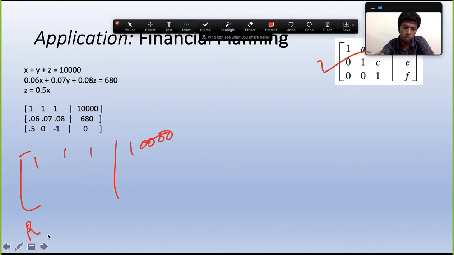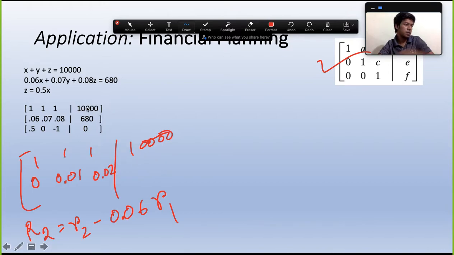So row 2 equals row 2 minus 0.06 of row 1. So 0.06 minus 0.06 equals 0. 0.07 minus 0.06 equals 0.01. Then 0.08 minus 0.06 equals 0.02.